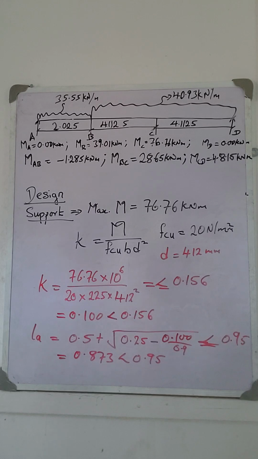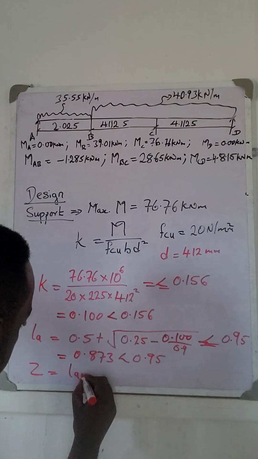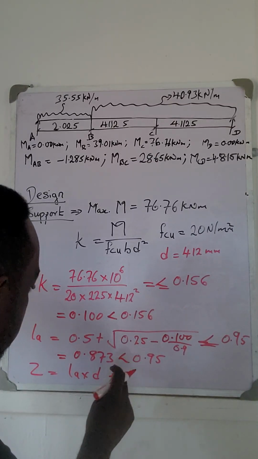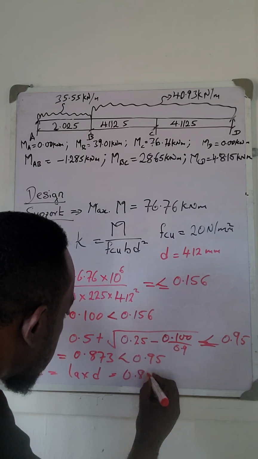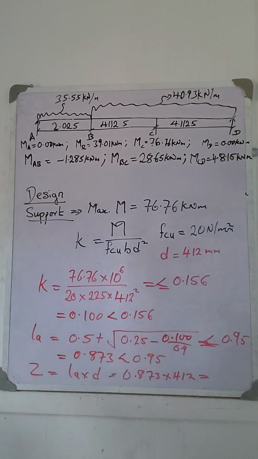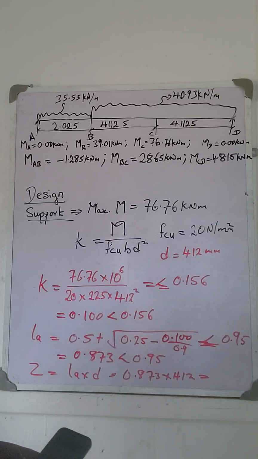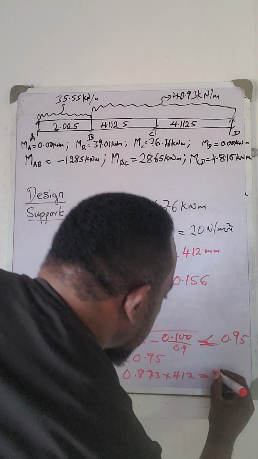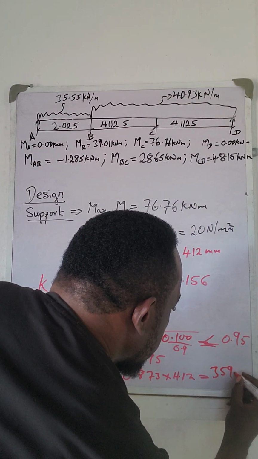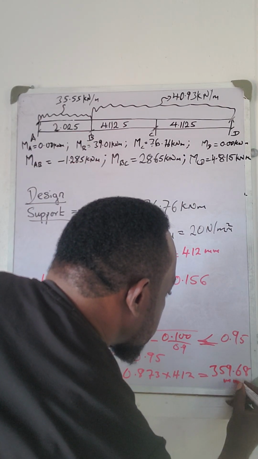Now the next step is to calculate Z. Z equals LA multiplied by d, which is 0.873 multiplied by 412. This will give me 359.68 millimeters.